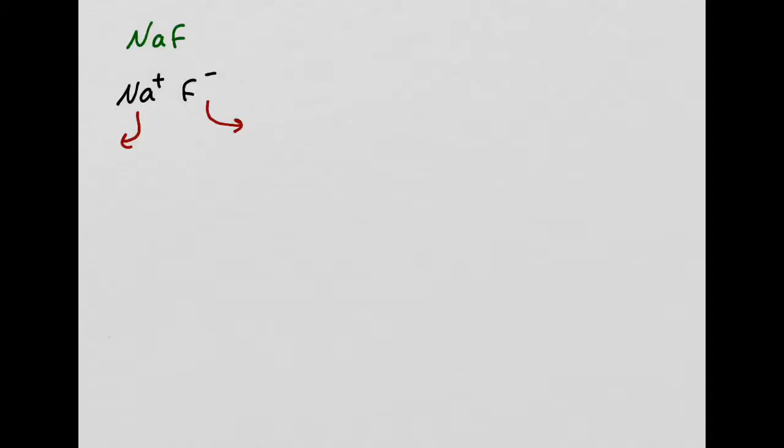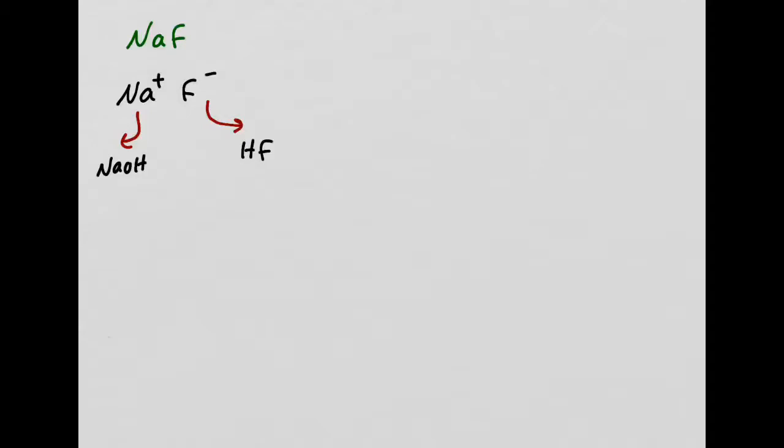So if I have sodium plus, where does it come from? It comes from NaOH, right? And where does F minus come from? It comes from hydrofluoric acid. So the first one comes from a base, NaOH, and the second one comes from the acid, HF. Then I go, okay, hold on a second.